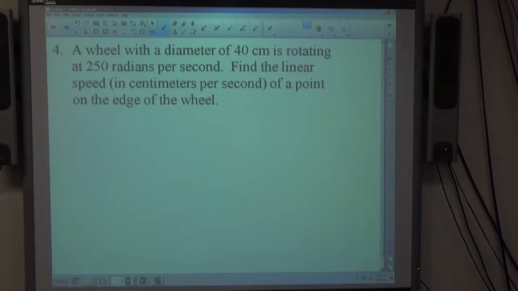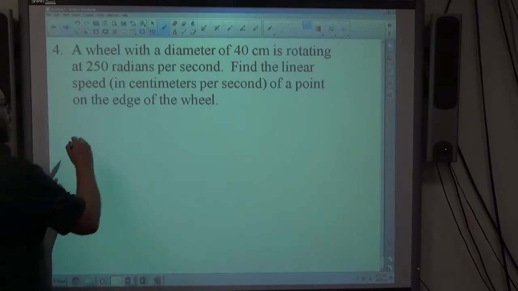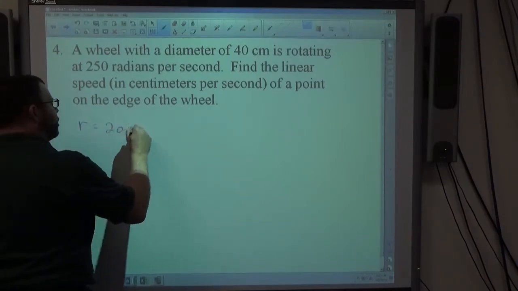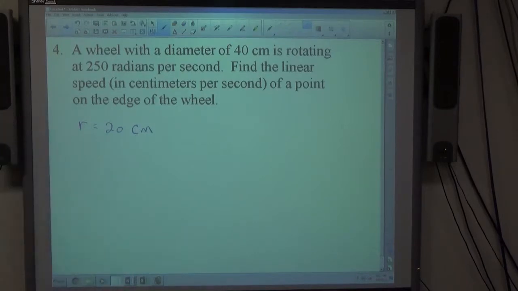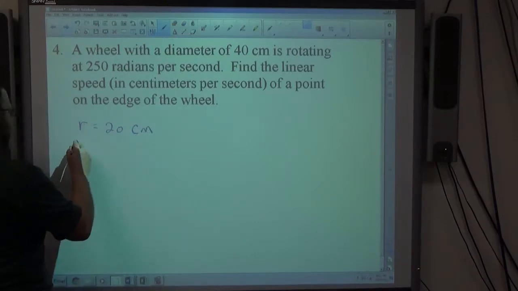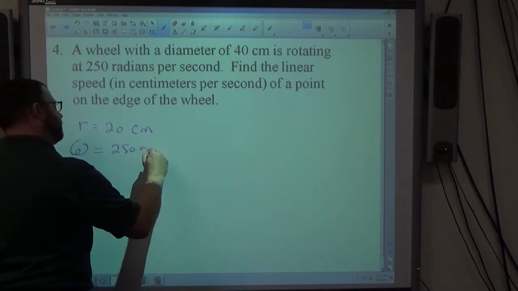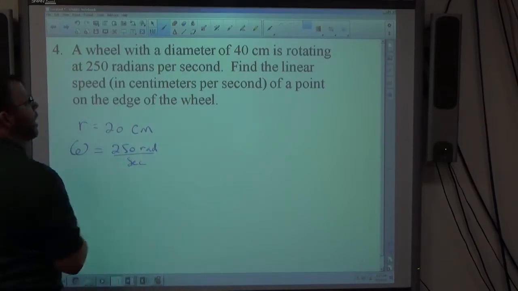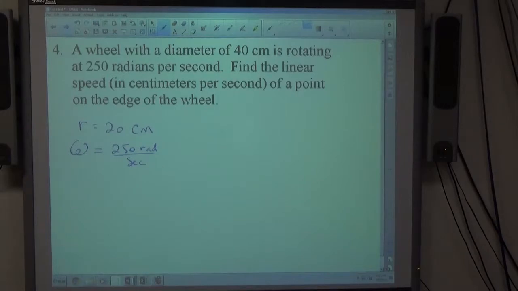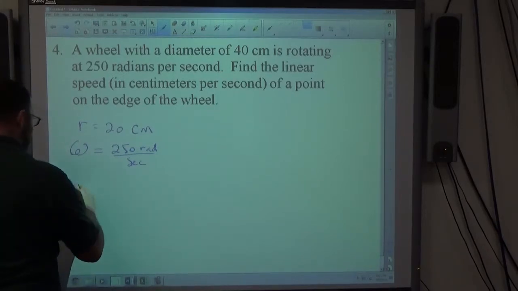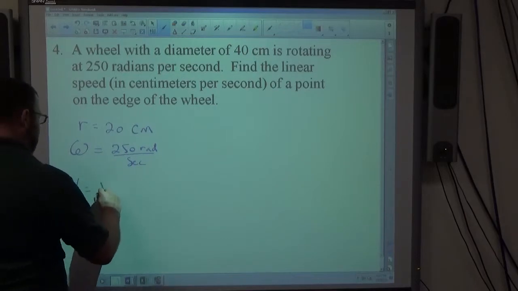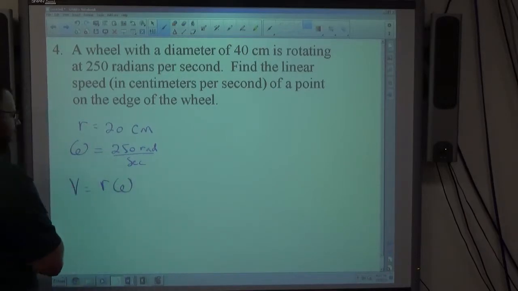Number 4, a wheel with diameter of 40 centimeters, that means the radius is 20 centimeters, is rotating at 250 radians per second, that is an angular speed. And we want the linear speed in centimeters per second of a point on the edge of the wheel. So the linear velocity of anything is equal to its radius times its angular velocity.